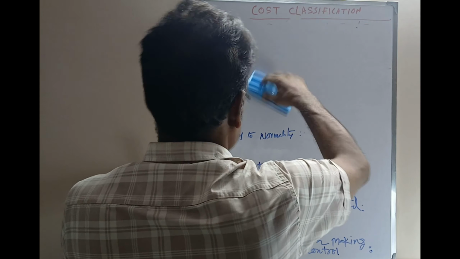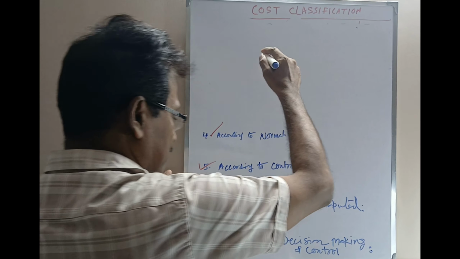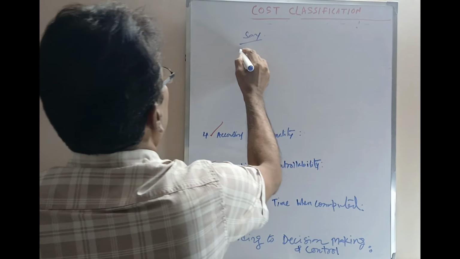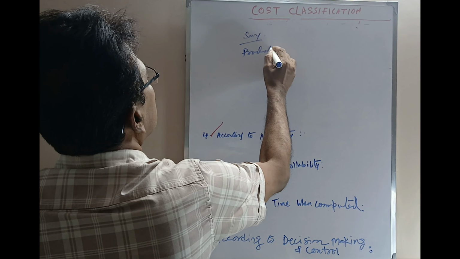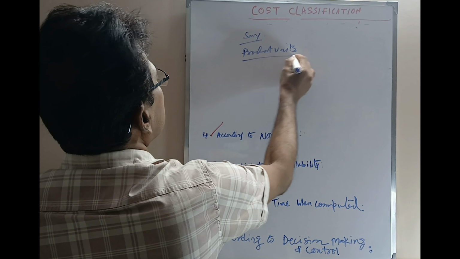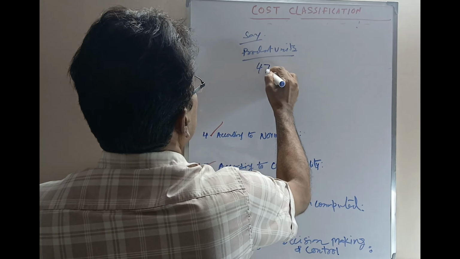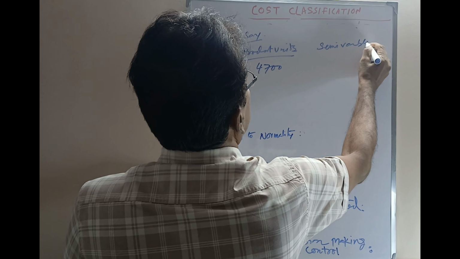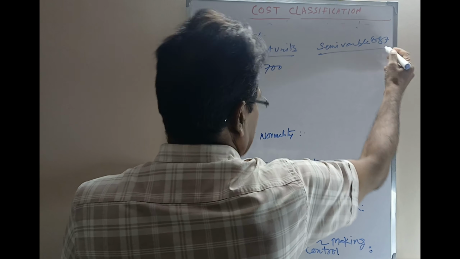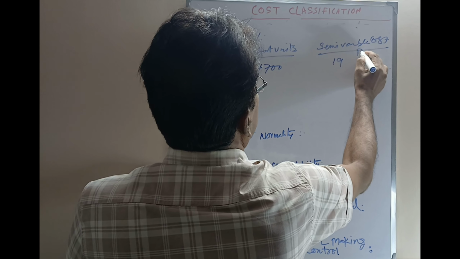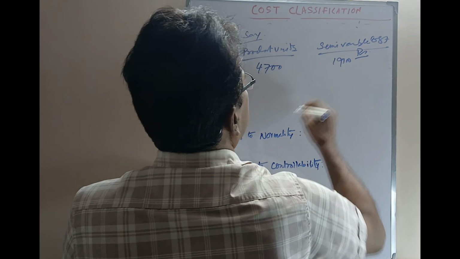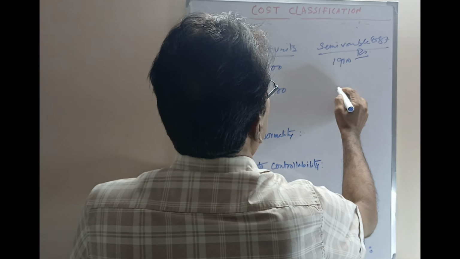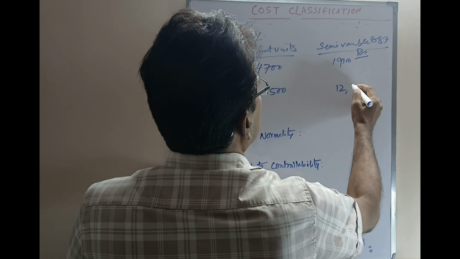It may be worked out this way. Say production is 4,700 units and semi-variable cost is 19,100, and say production is 2,500 units and semi-variable cost is 12,500.